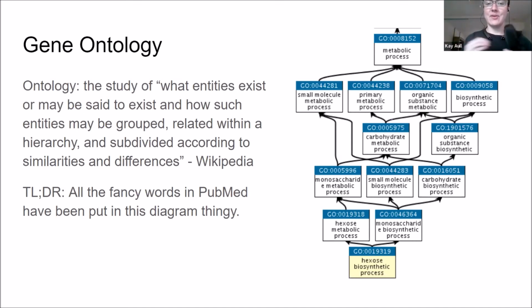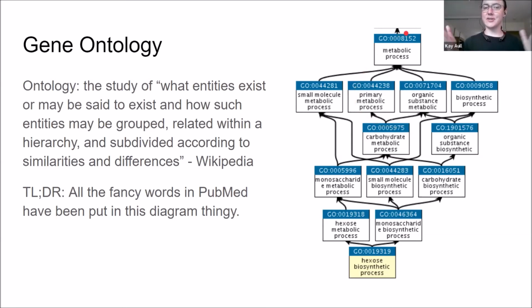And so as a hierarchical diagram, you can see here's an example of one. Hexose biosynthetic process, that's a thing that you might want to know about. And that is a subtype of these things, which are, again, a subtype of carbohydrate metabolic process, which is a subtype of metabolic process.